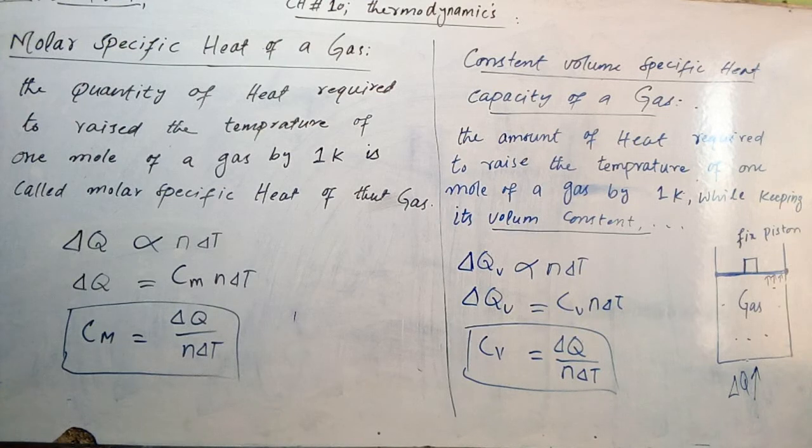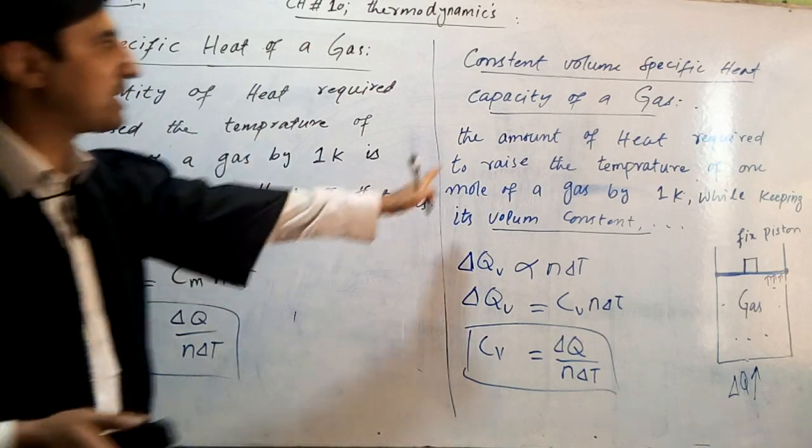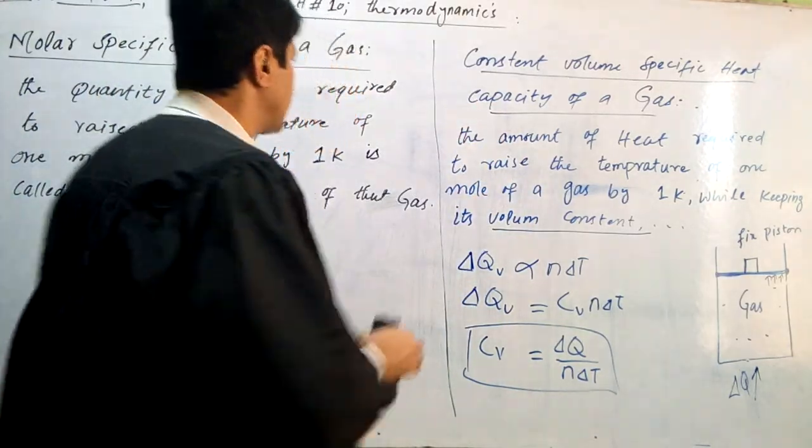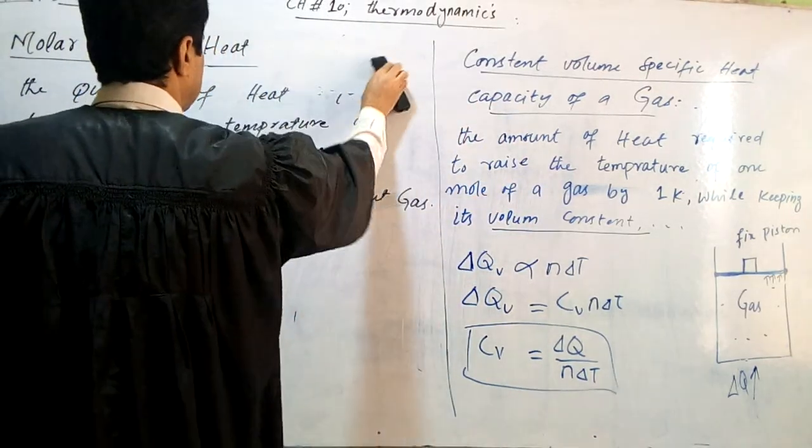Now we are going to discuss constant pressure molar specific heat capacity of a gas. It has exactly the same definition as constant volume. Let me write the definition here first.